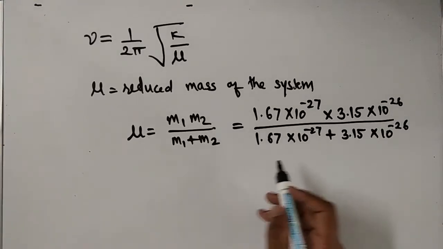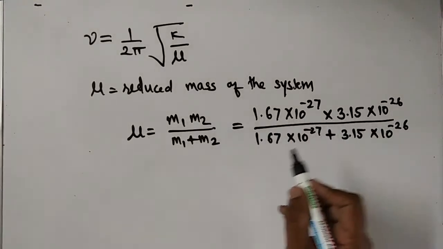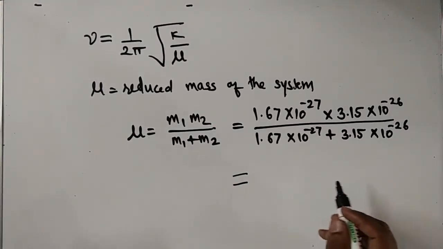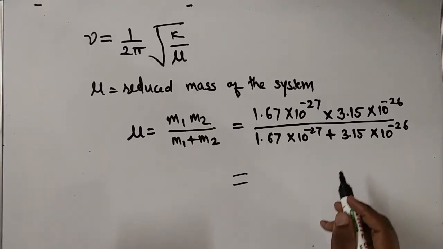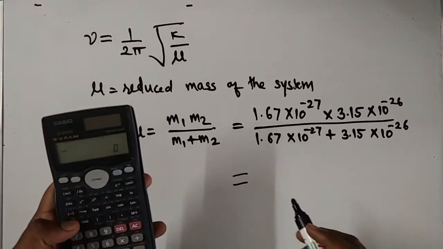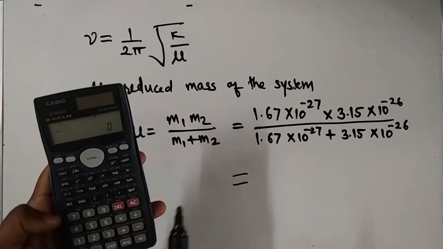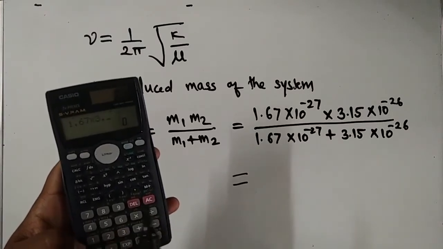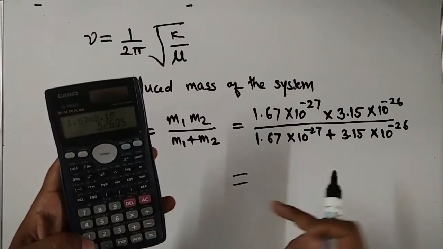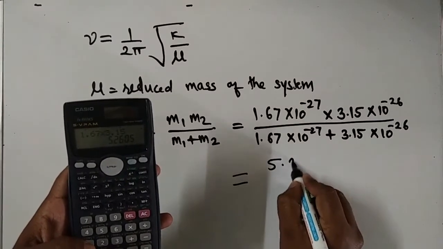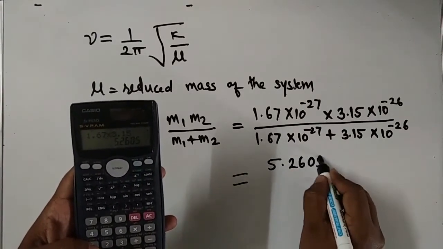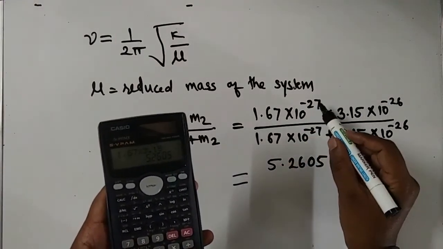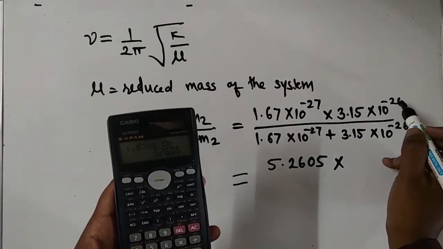To solve this problem, let us calculate the terms in the numerator. In the numerator we have 1.67 into 3.15. We'll use a scientific calculator. That term is 5.2605 into 10 raised to minus 27 into 10 raised to minus 26.